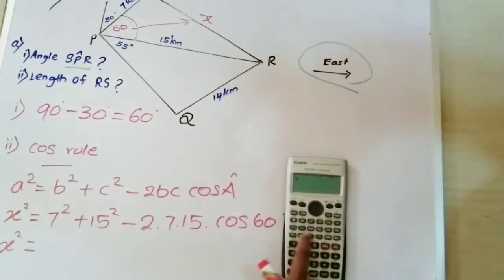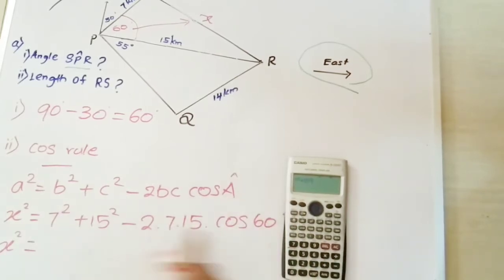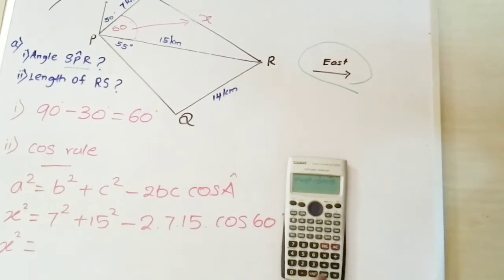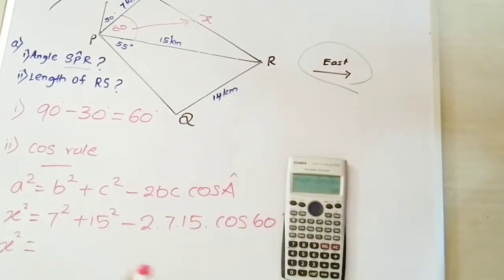We'll simplify this. 7 square plus 15 square minus open bracket 2 multiplication 7 multiplication 15 multiplication cos 60 close bracket, it's equal to 169.